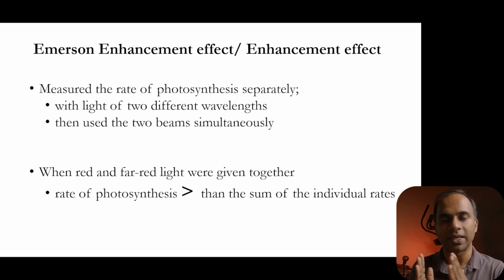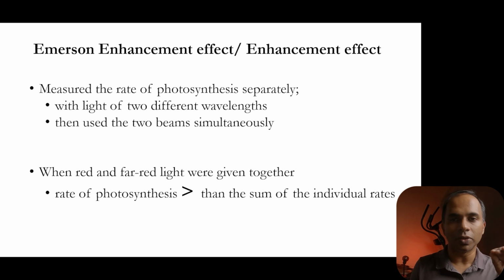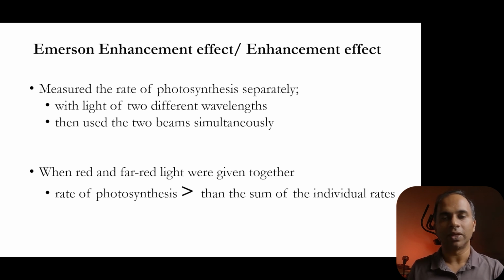And now this explains why we observe the red drop effect: the moment you go beyond, there is no photosynthesis happening. Those wavelengths carry less energy, because the higher the wavelength, the lesser the energy. So you see a dramatic drop in our quantum yield. This is what we call the red drop effect.